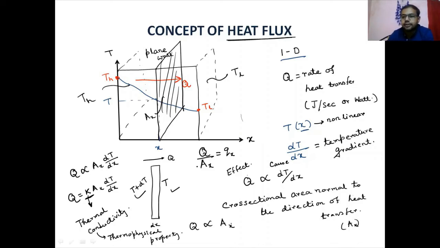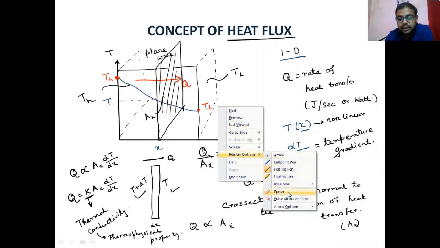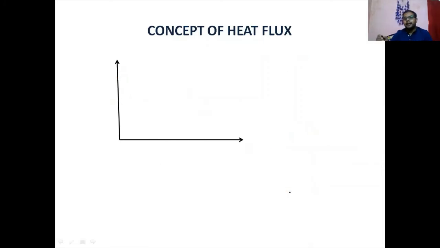So again, we are rewriting this. We are giving a very good conclusion till now. First, a recap. Q, heat transfer, is proportionate with the temperature gradient, which is the cause for the heat transfer.